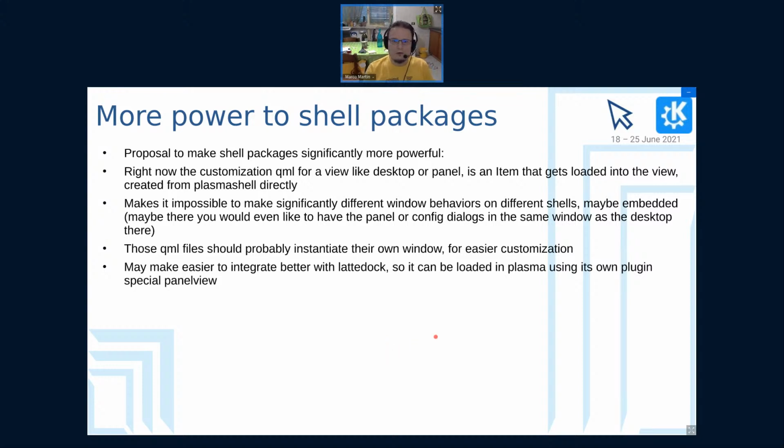It's a wild idea, this kind of stuff, so pluggable view types could also help if at some point we decide to integrate more with Latte Dock. Latte Dock is its own shell because it needs its own panel view with very custom features. So they could do that, and we could even load everything in the same Plasma process, having their own custom view just loaded as our panel. But still just a wild idea.